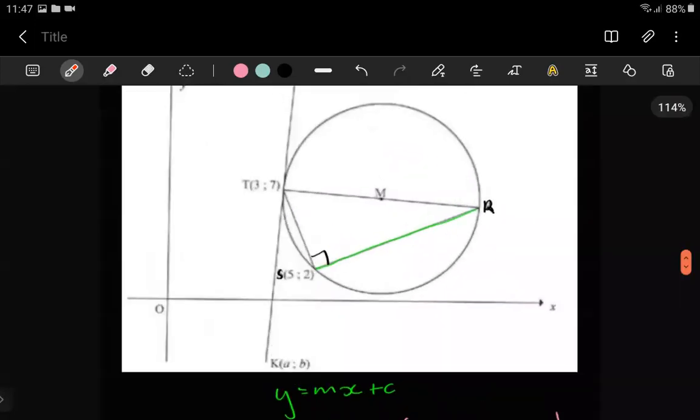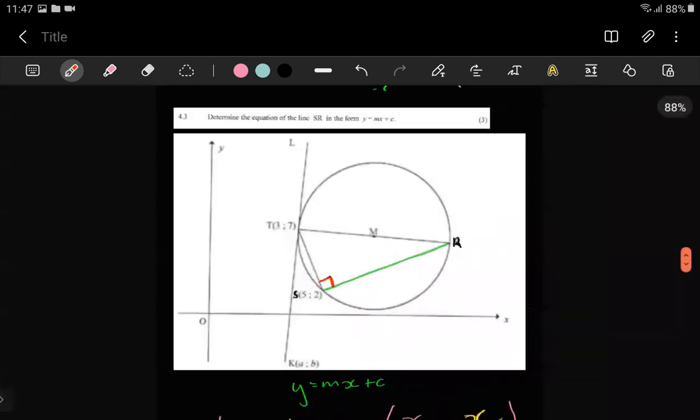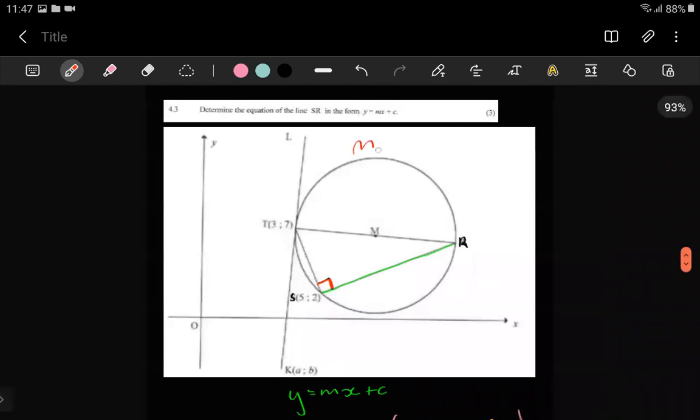Oh, we could use the previous gradient. Yes, I think what you're trying to say is that the line TS is perpendicular to SR. What we know about perpendicular lines is that their gradients multiplied equal minus 1.